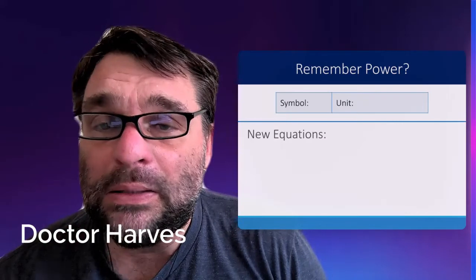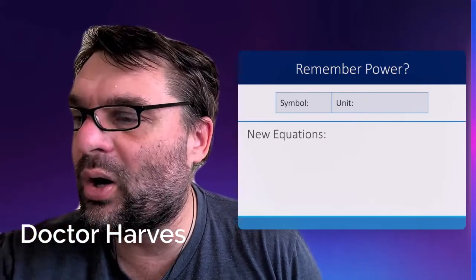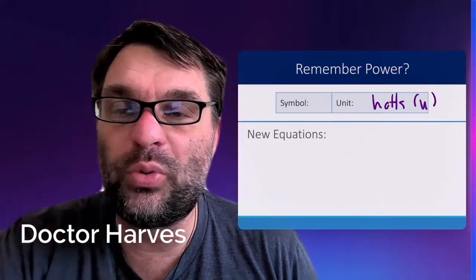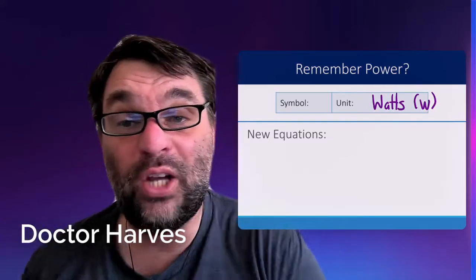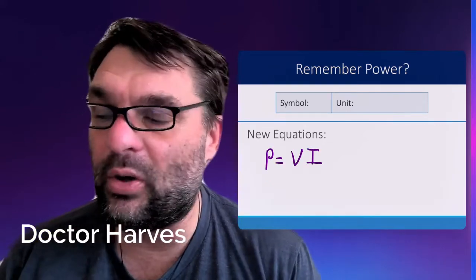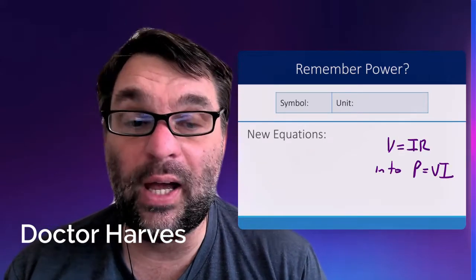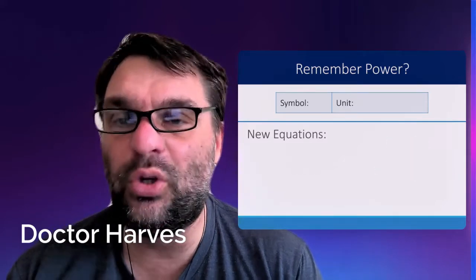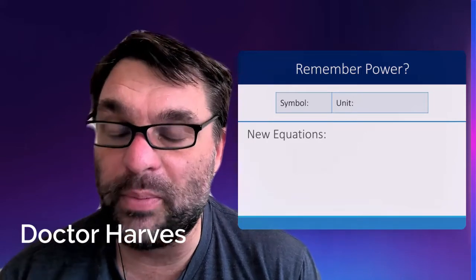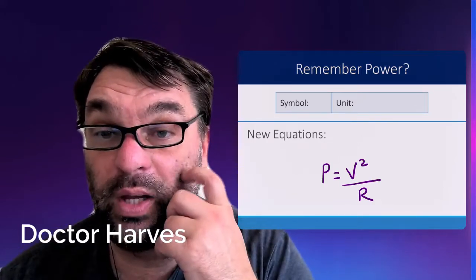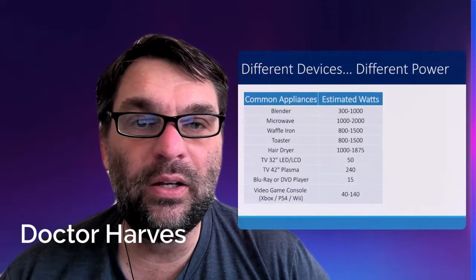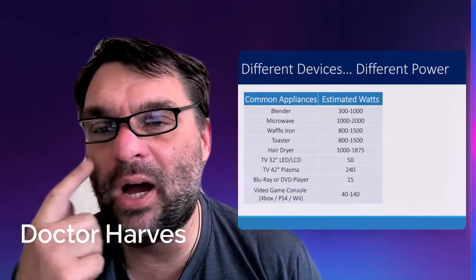Looking at power. The symbol for power is, of course, capital P. The units are watts, which is capital W, and we've got some new equations now from Level 2. Power equals voltage times current, and if you substitute Ohm's law, V equals IR, into these equations, then you also get two new equations: P equals I squared times R, and P equals V squared divided by R. Different devices have different power.